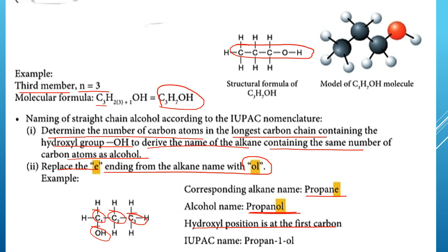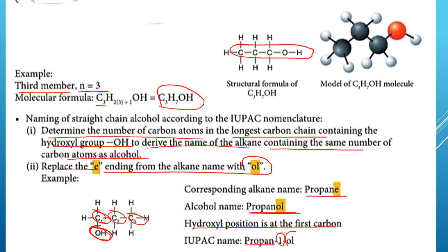So C1, C2, C3. So we name it propan, because this is 3 carbon atoms. The 1 here refers to the OH attached to carbon number 1.